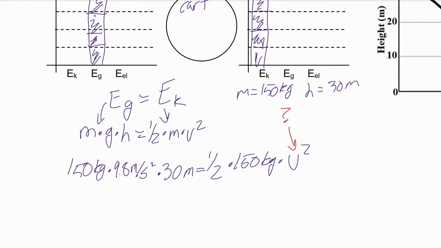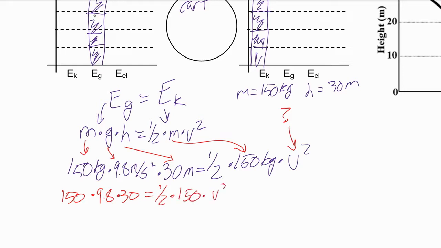So this is what we need. I've got all these other things that we just substituted in. And now I just need to solve for V squared. But again, I'm going to drop the units. And so now I have 150 times 9.8 times 30 equals 1/2 times 150 times V squared.